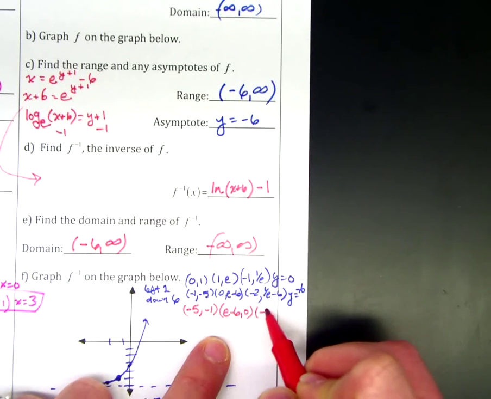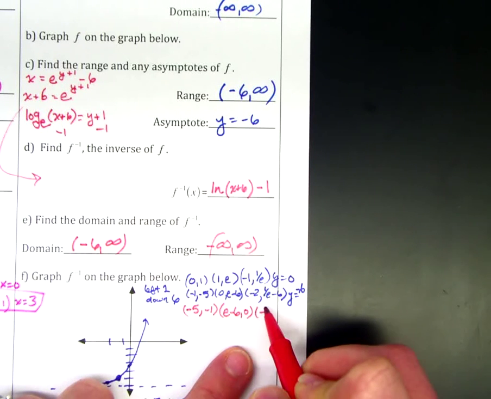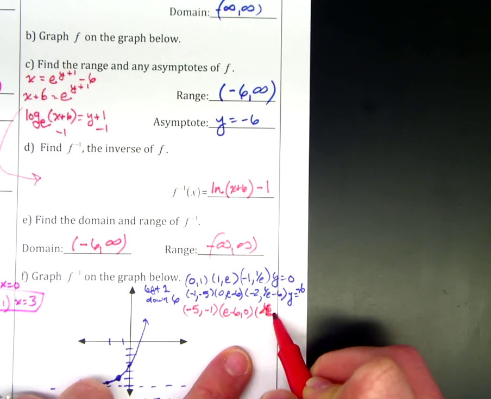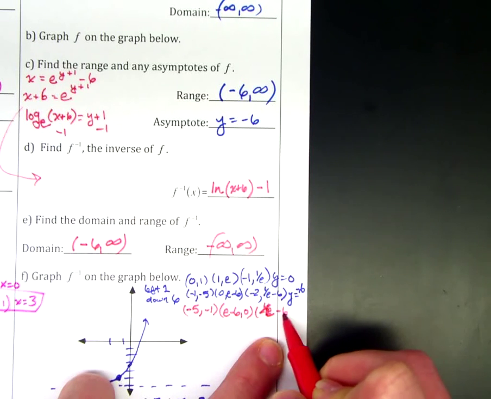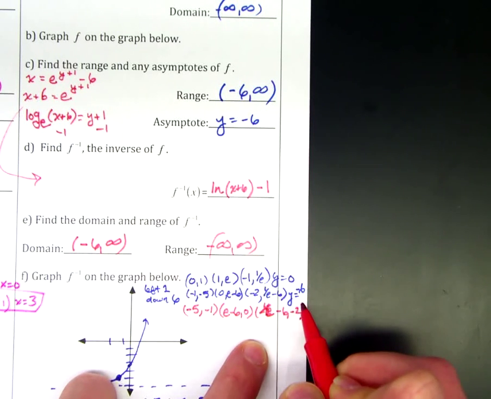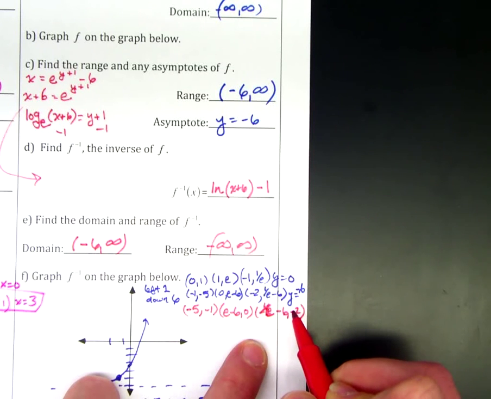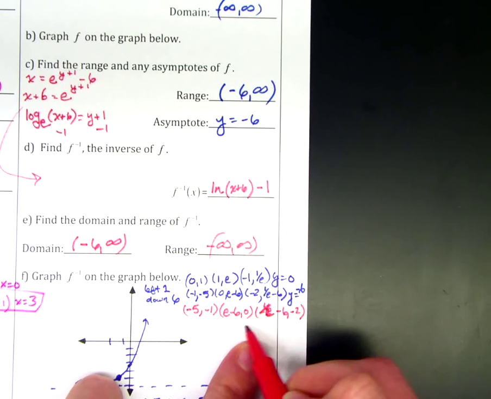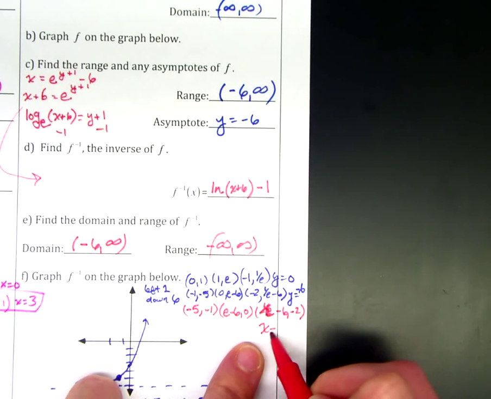And then (1 over e minus 6, -2), and then instead of y equals -6, we must have x equals -6.